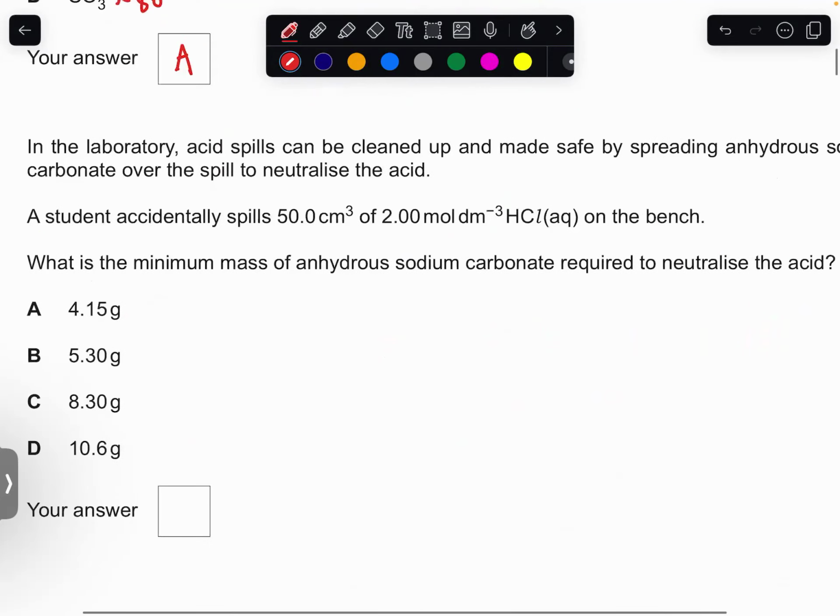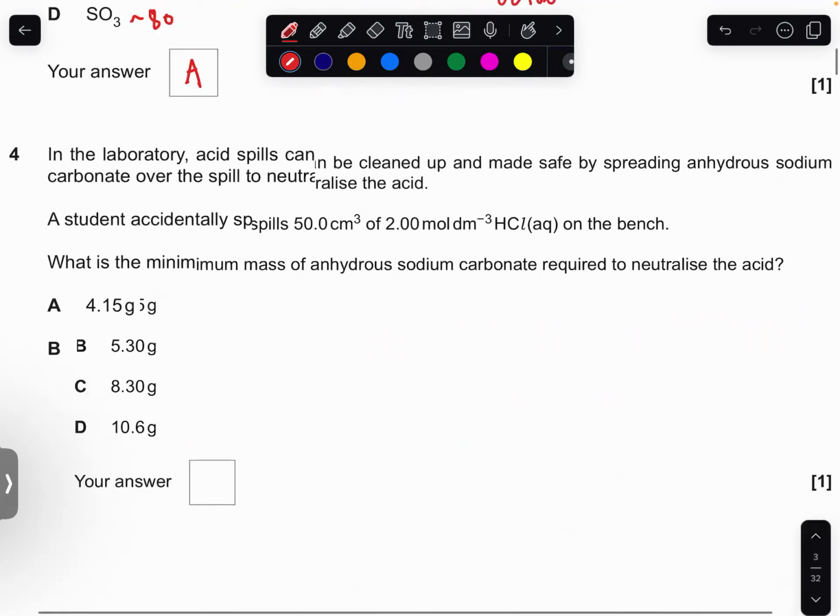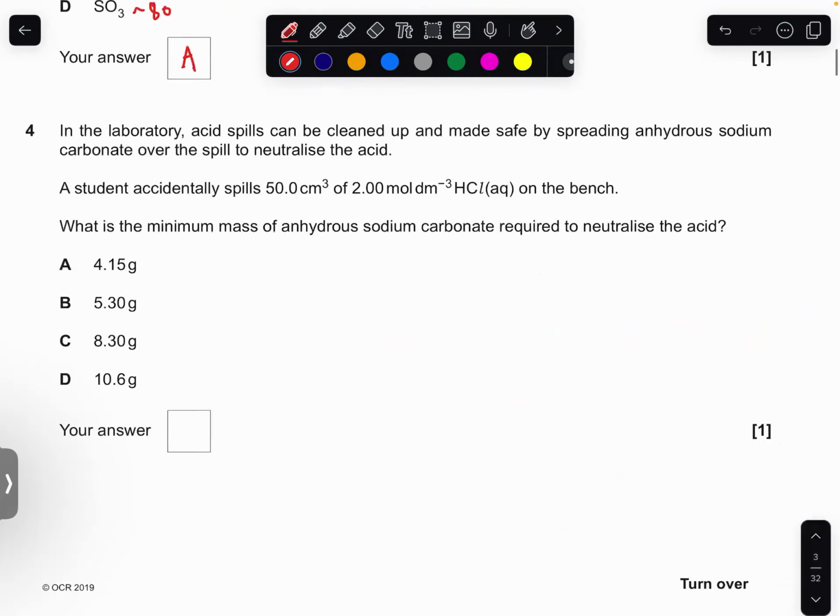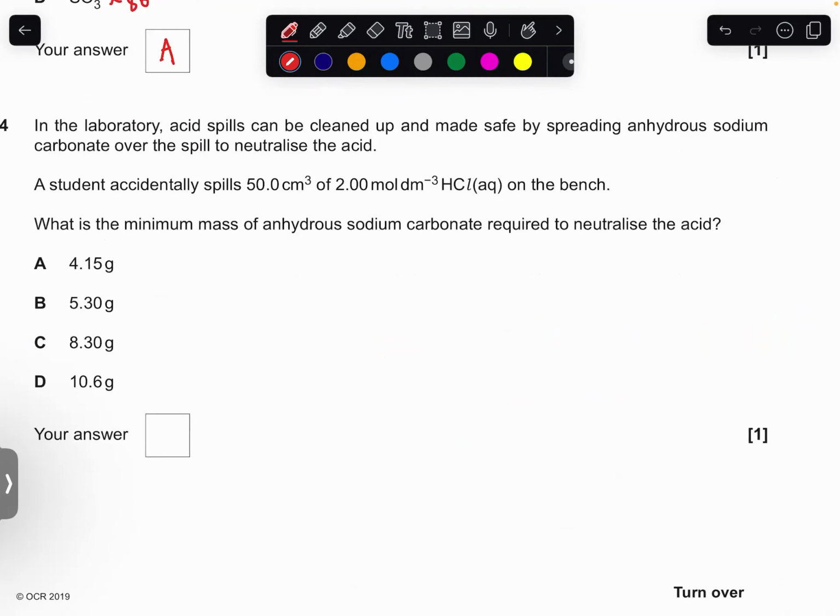Now, in this question, in a lab, acid spills can be cleaned up and made safe by spreading anhydrous sodium carbonate. Anhydrous sodium carbonate is this formula. A student accidentally spills hydrochloric acid. You see, hydrochloric acid reacts with sodium carbonate in a 2-to-1 ratio.